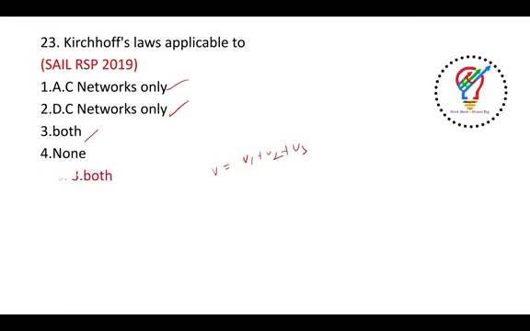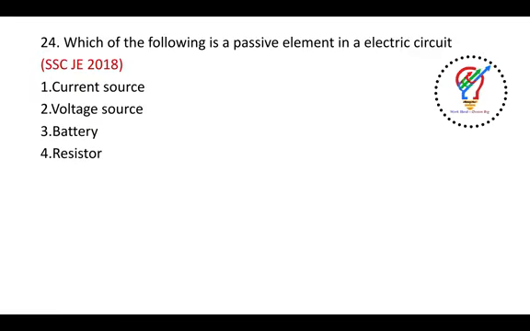So next question, that is the 24th question. Which of the following is a passive element in an electrical circuit? Current source, voltage source, battery, resistor. This is asked in the SSC JE 2018 paper. See here, a passive element is one which absorbs power. It is not able to deliver power for a finite amount of time.